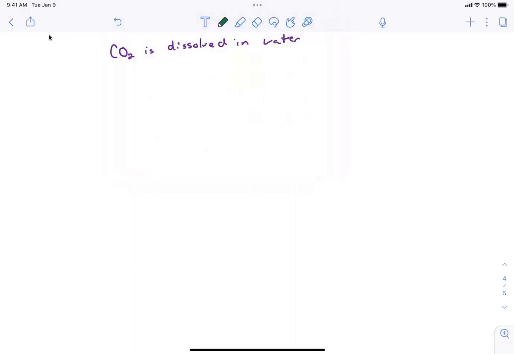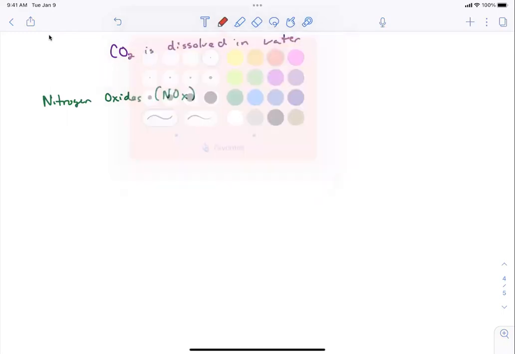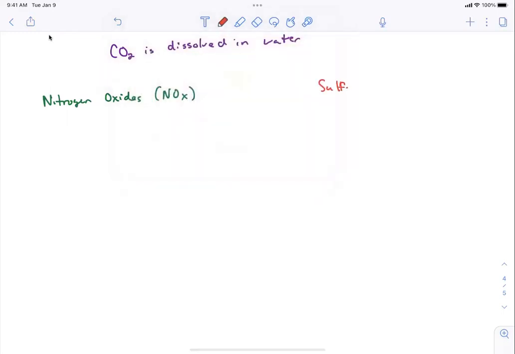You've got 2 major sources of your acid deposition. Okay, and they are your nitrogen oxides, your NOxes, and then your SOxes, sulfur oxides.